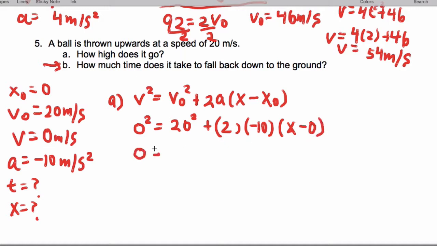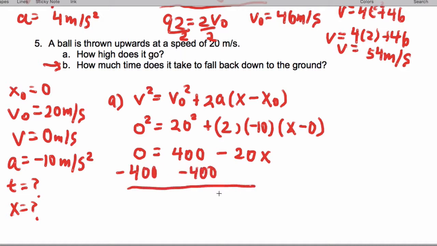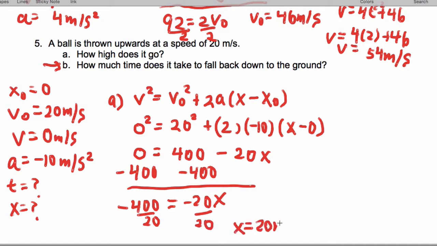We're going to get 0 is 400 minus 20 times x. We'll subtract 400 from both sides. We'll get -400 is -20x. When we solve, we're going to end up getting that x is 20 meters high.